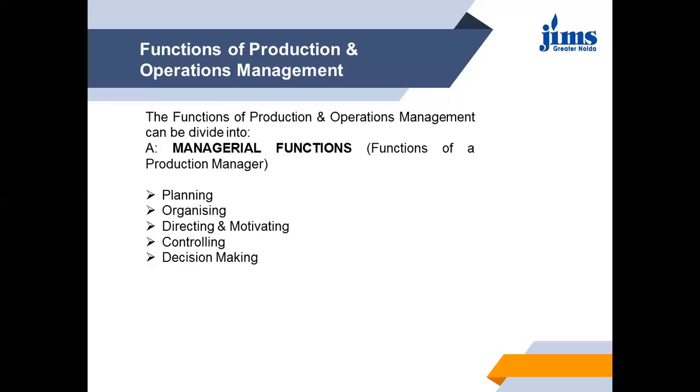Second is organize. Such a manager has to organize all such resources, men, money, material, machines, processes, and has to bring them under one roof called factory or plant so that conversion process can be effectively and efficiently handled. Then a production and operations manager is also expected to give directions and supervision to his supervisors and workers.